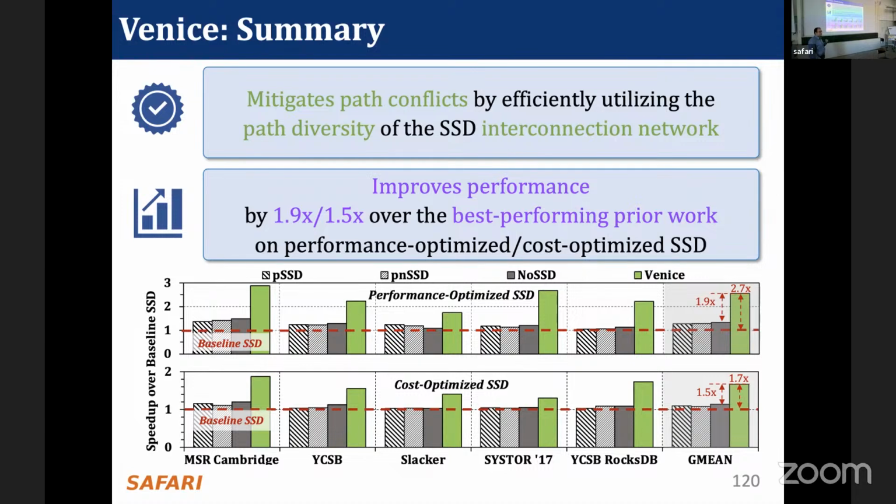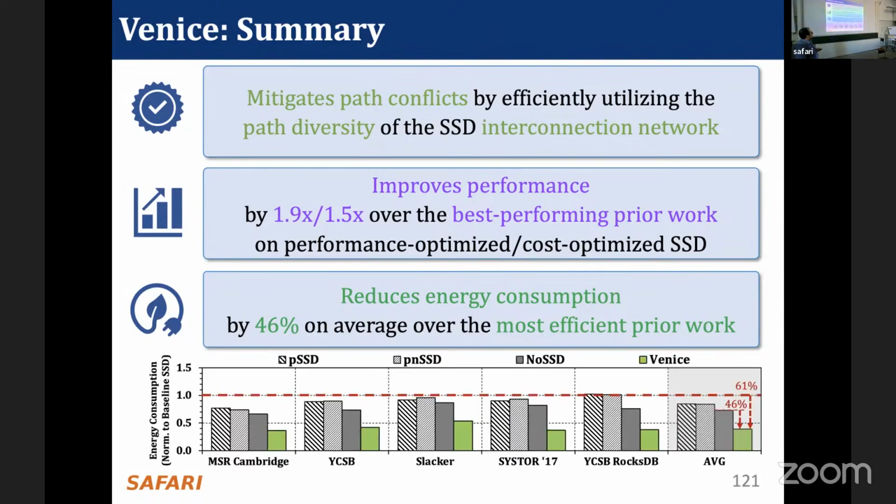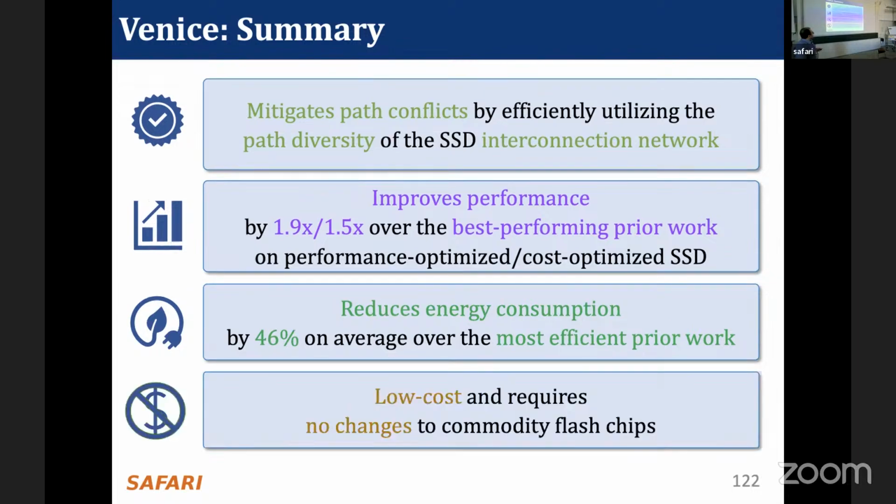We configured our baseline for 2 types of SSDs, performance optimized and cost optimized, and we observed improvement for both of them. And we observed that it can reduce energy consumption by 46% on average over the most efficient prior work. And it is low cost and requires no changes to commodity flash.